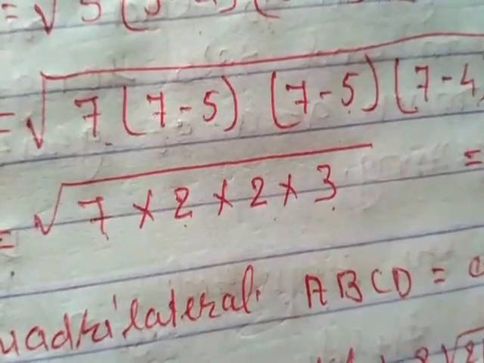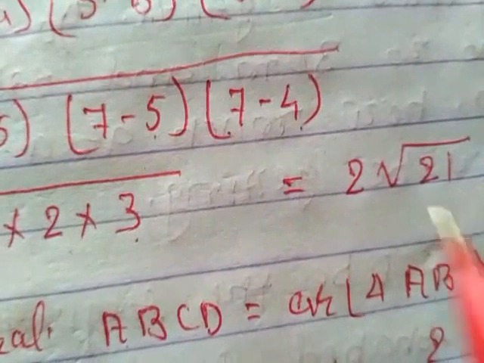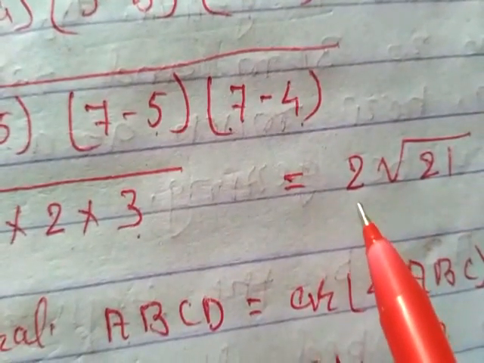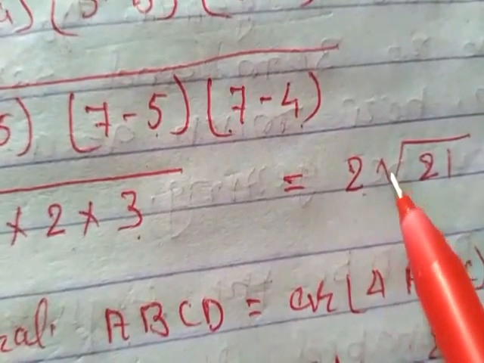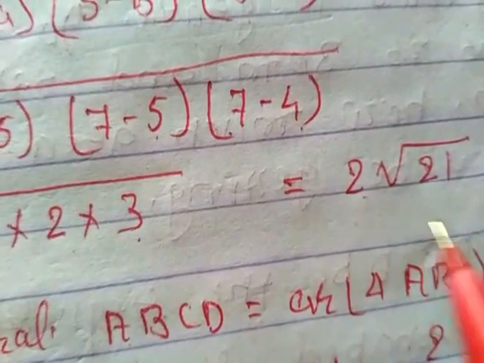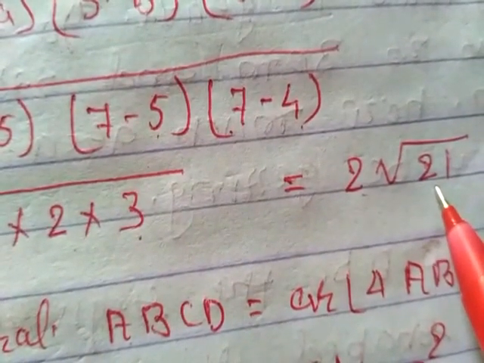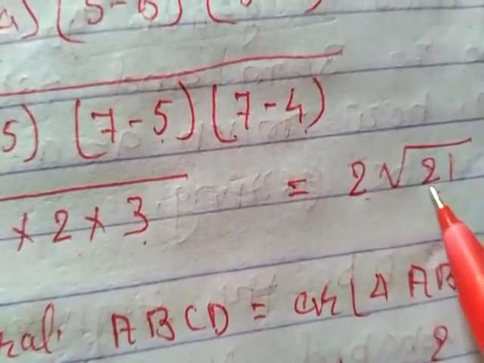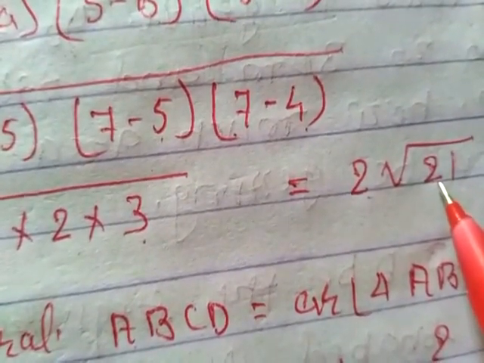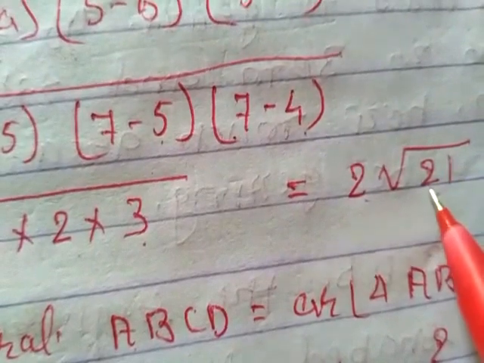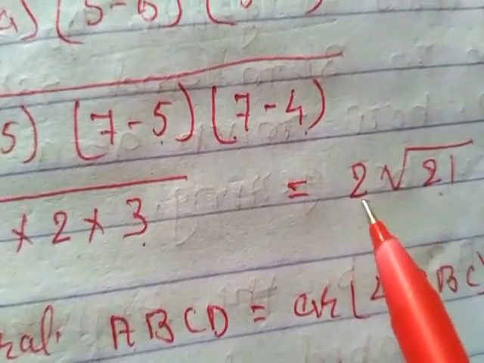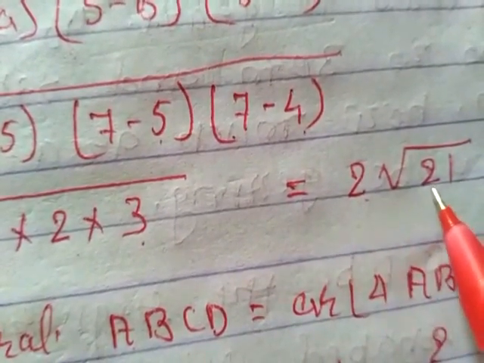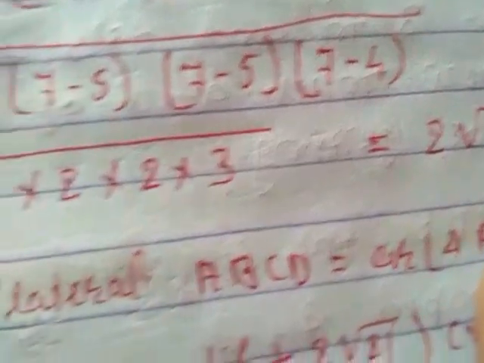So 2 is in pair, so 2 comes out of the square root. So we have 2 under root, and 7 into 3 will become 21. So you are supposed to get the square root of 21 and multiply it with 2, and you will get the value.